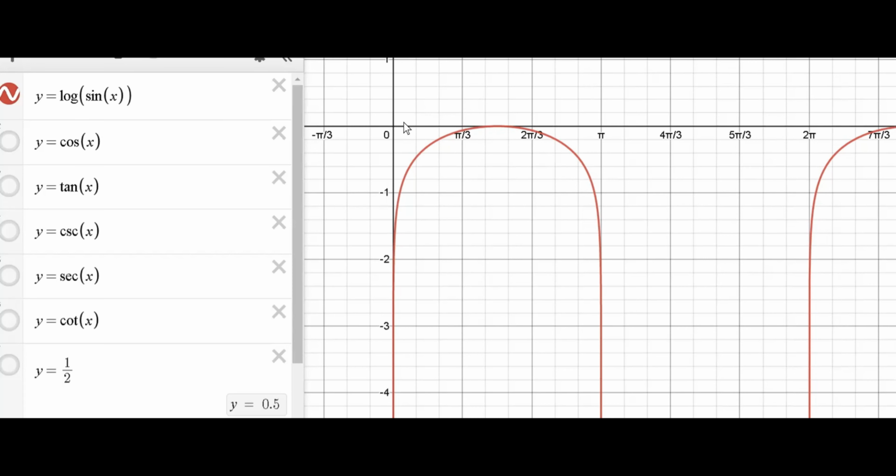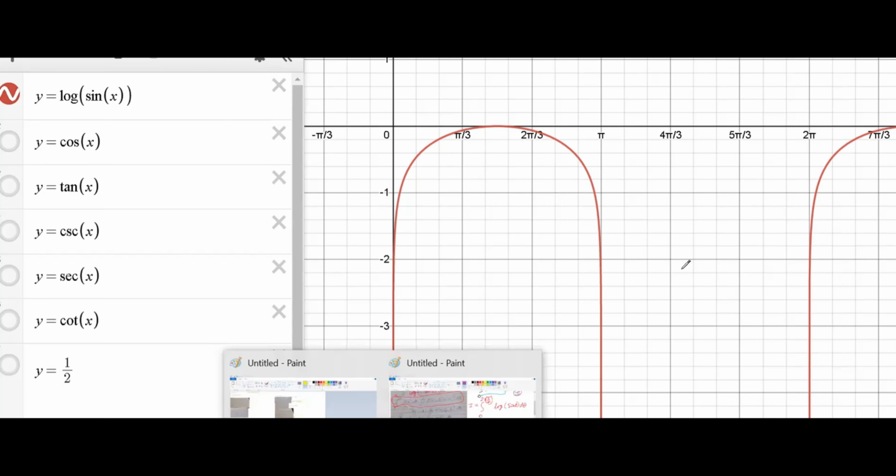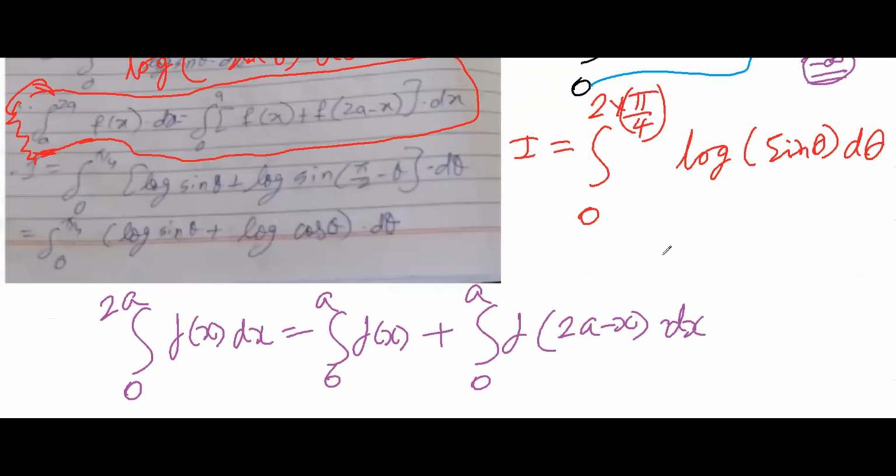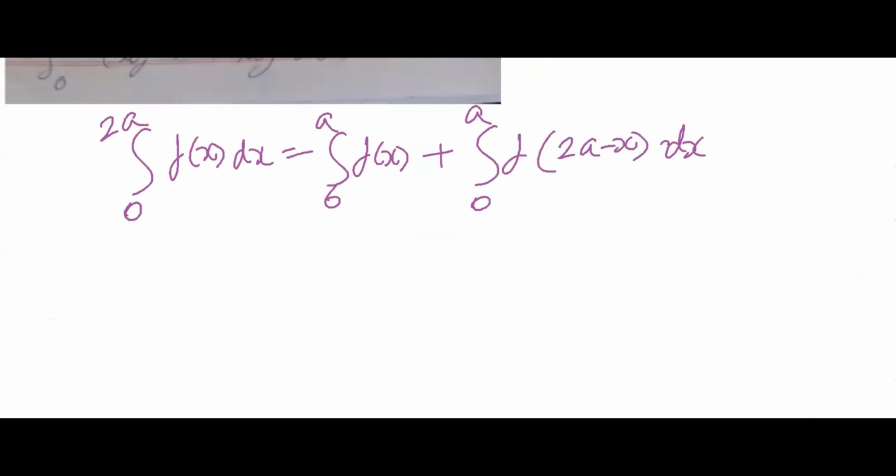Only from 0 to pi by 4. That's one of the reasons why we should use that property. Which property? This property.